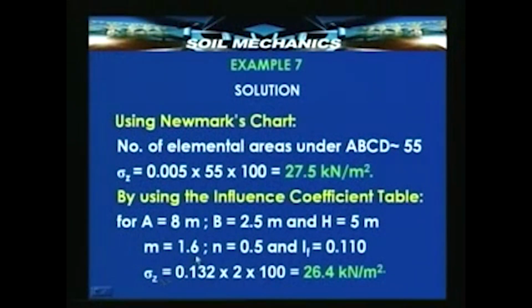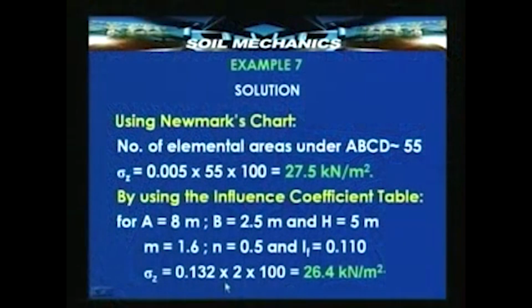So, for one rectangle the length is 8 meters, A therefore is 8 meters, and B is only half the total width, because the point E lies at the midpoint of the shorter side. So, B is only 2.5, H is already defined 5, the stress we need is at a depth of 5 meters.